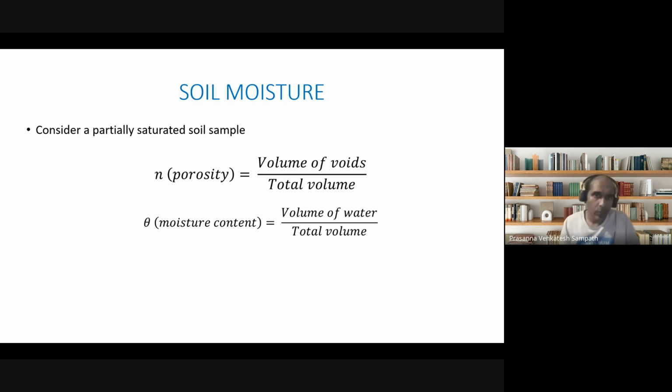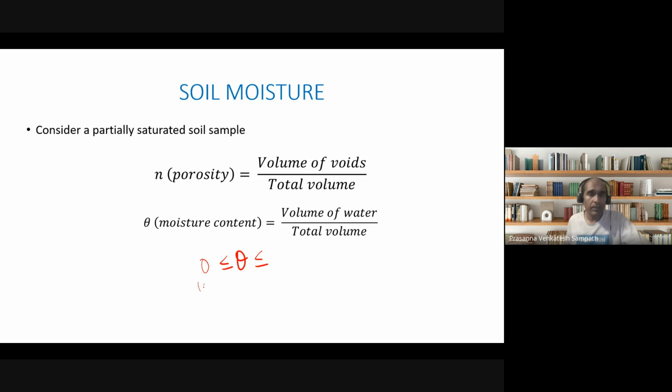Now what is the range of values that theta can take, given this definition? Theta will go between what and what? What is the lowest value that theta can take? If my soil is completely dry, then what will theta be? If my soil is perfectly dry, theta will be 0.